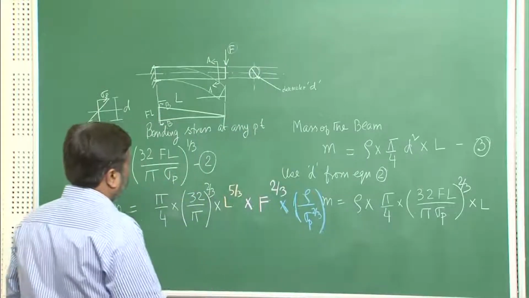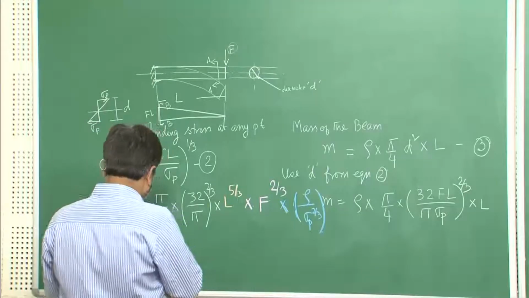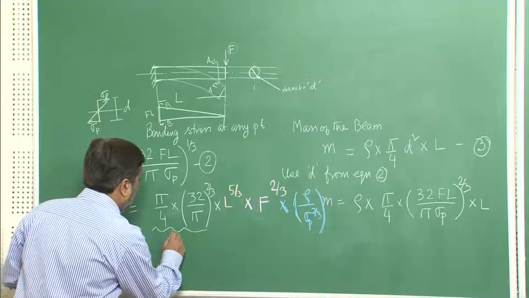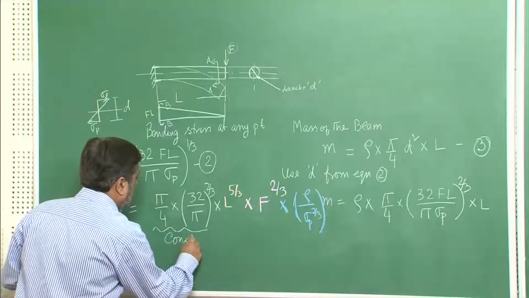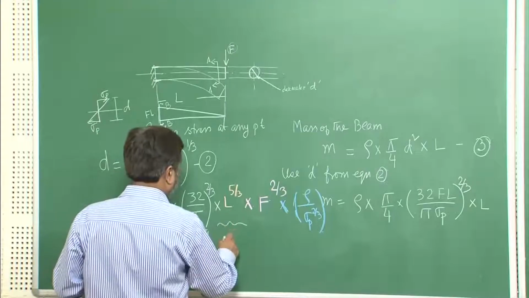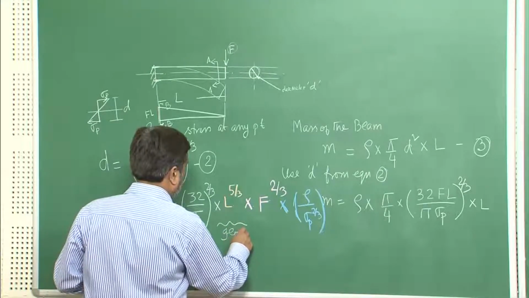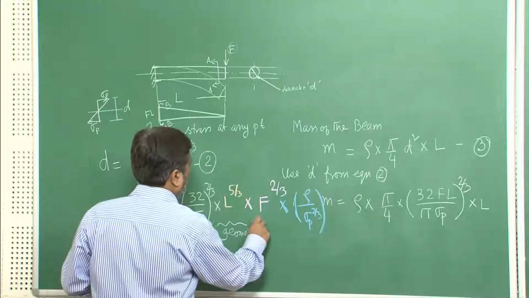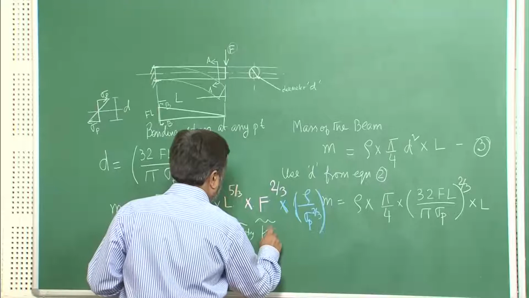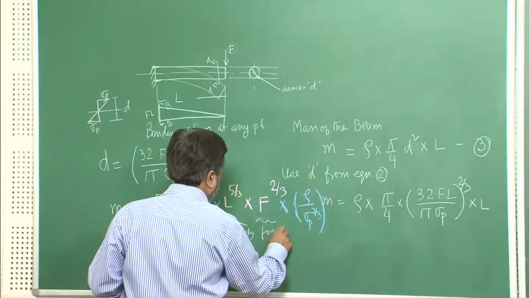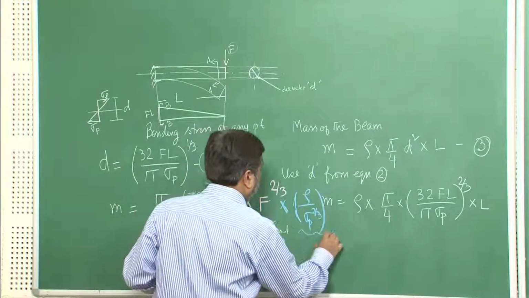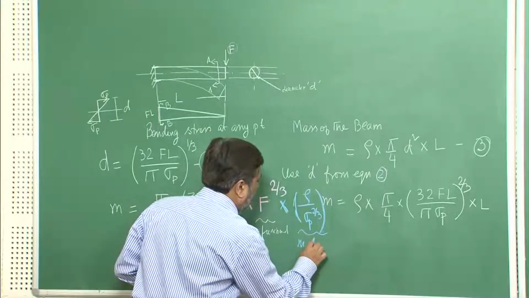That is what we have. That means this is the constant part, this is the geometry part, this is the function part or the loading part, and the last part is the material property.